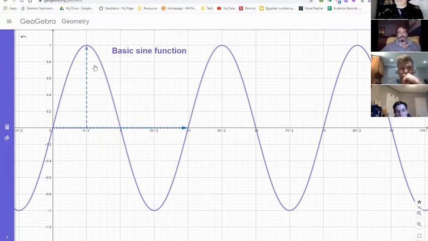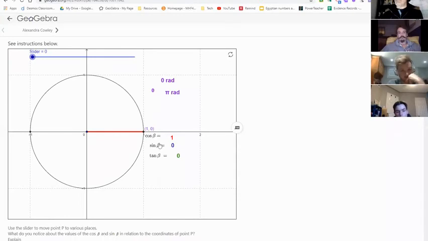But they do have a cycle that repeats. So this is the basic function. And if we notice here, the sine at 0 is 0, right? And then it begins to get bigger. Look at the value of the sine here, just the blue, how it gets to 0.259, 0.5, 0.7.